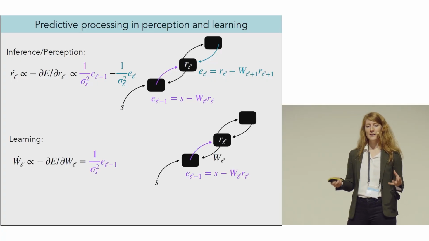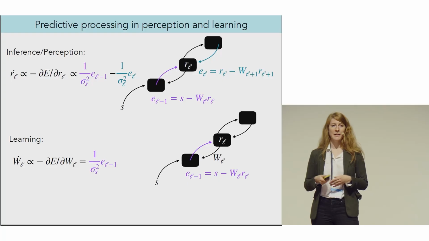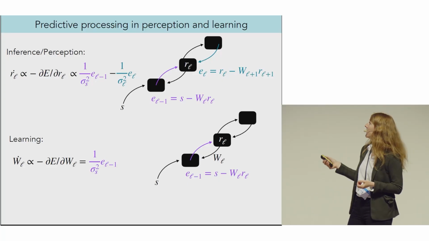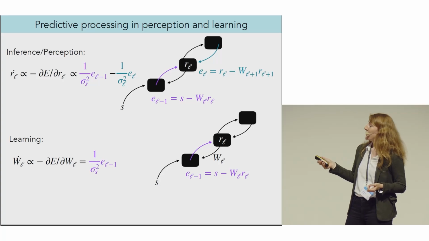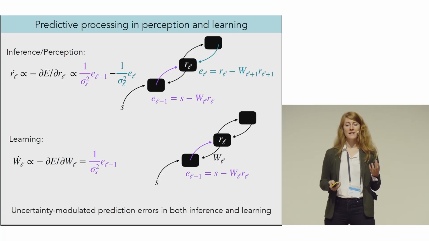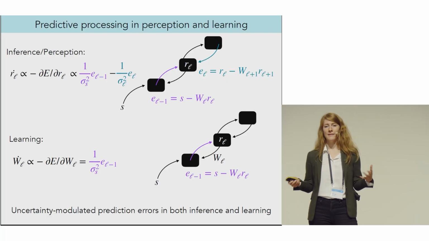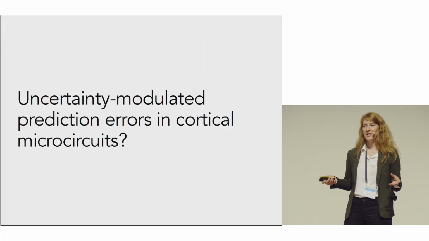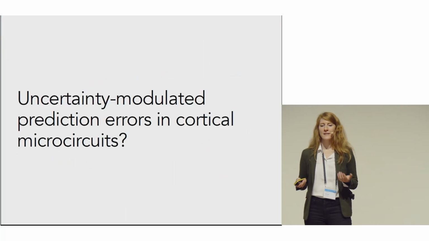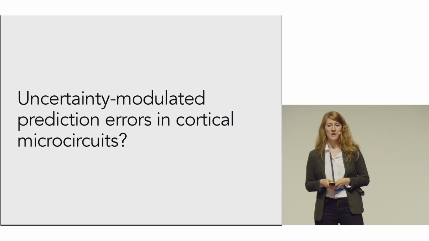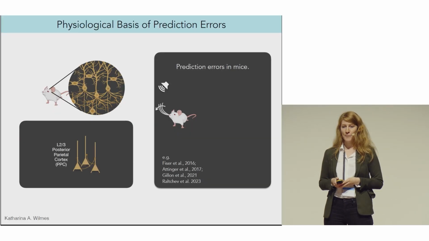Now, for learning, we can get the weight update by taking the gradient of the energy with respect to the weights, and we also get the bottom-up prediction error weighted by the inverse of the uncertainty. So in both these cases, for both inference and learning, they rely on prediction errors that are modulated somehow by uncertainty. So the question now that I was wondering is whether we find such uncertainty-modulated prediction errors in cortical microcircuits.